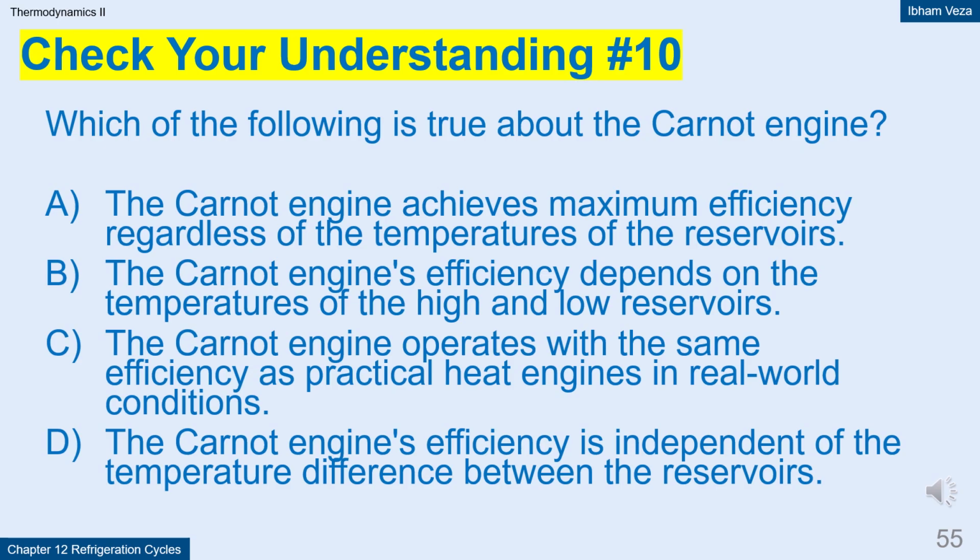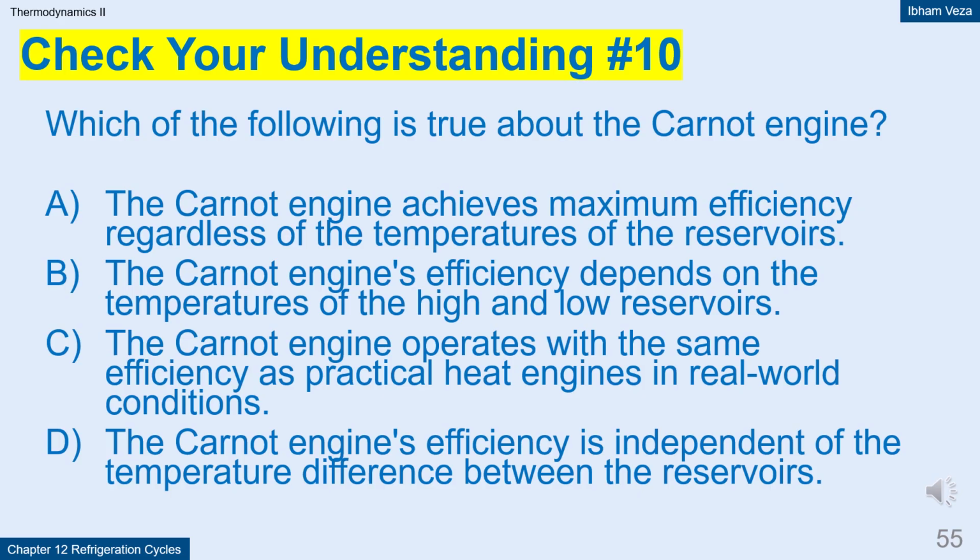Answer B. The Carnot engine's efficiency depends on the temperatures of the high and low reservoirs. Explanation. A. The Carnot engine achieves maximum efficiency, regardless of the temperatures of the reservoirs. This is incorrect because the efficiency of the Carnot engine is directly related to the temperatures of the two reservoirs.